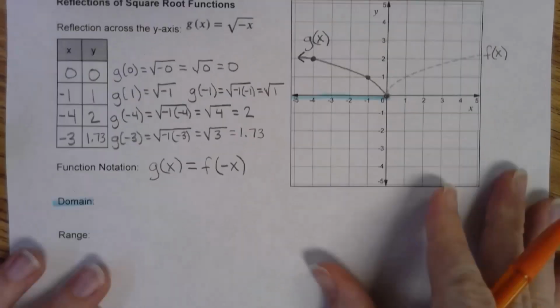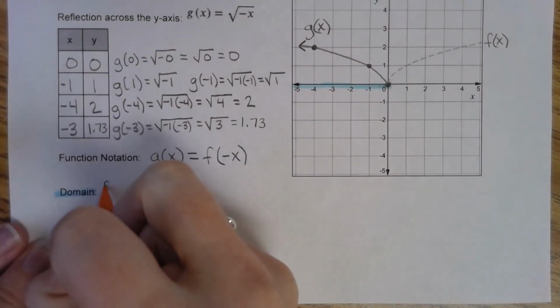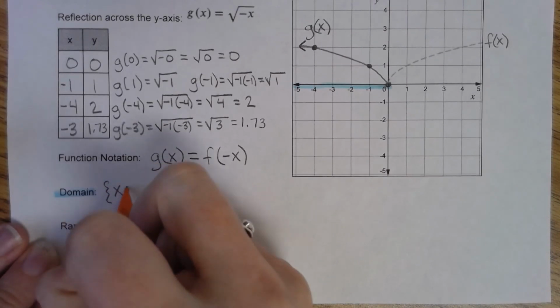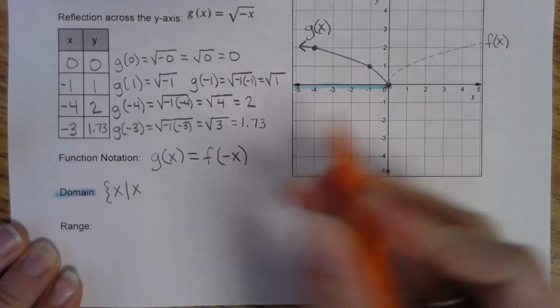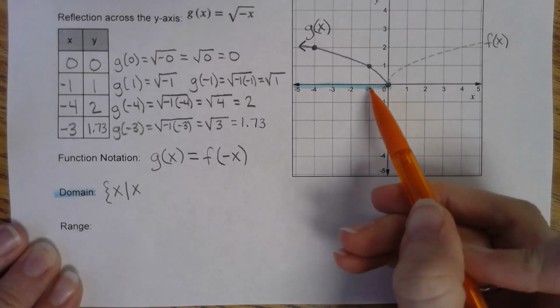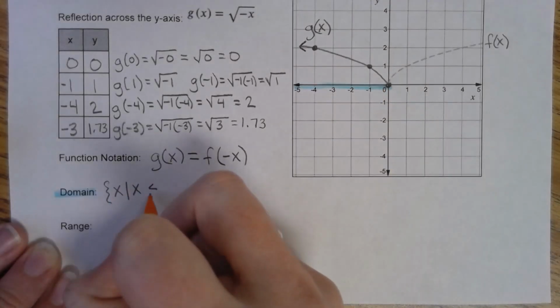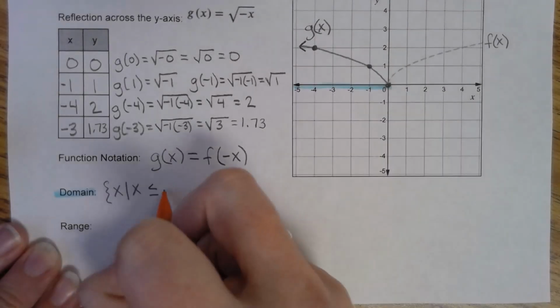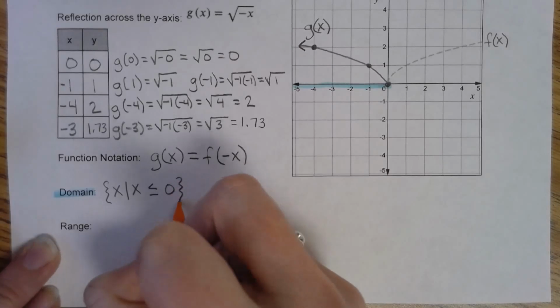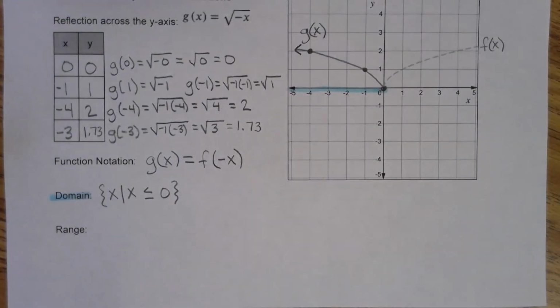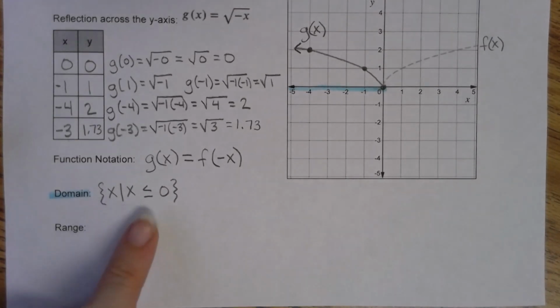So our domain, we'll say, is the set of all x's such that x's, this time they're going to be less than or equal to, since they started right there at 0. So the domain of this square root function, when it's a reflection across the y-axis, is the set of all x's such that x is less than or equal to 0.